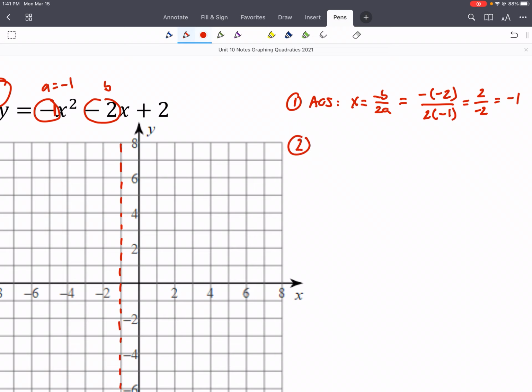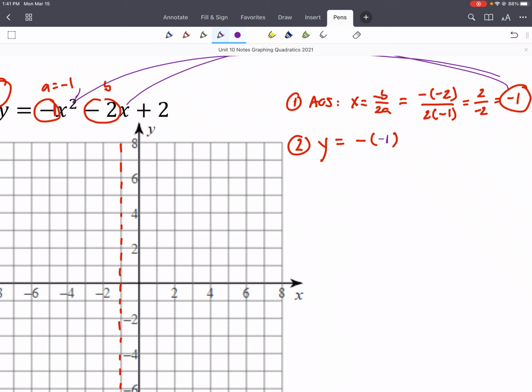So the second step is to plug that into our equation. Take that negative 1, and we're going to plug it in for x. So we'll have negative, and again put parentheses, especially if it's a negative. Make sure you put in a parenthesis.